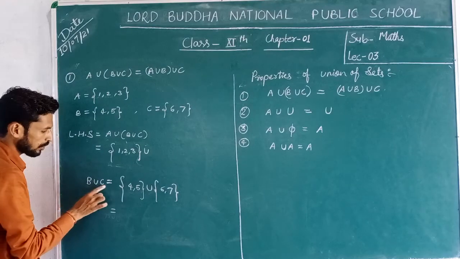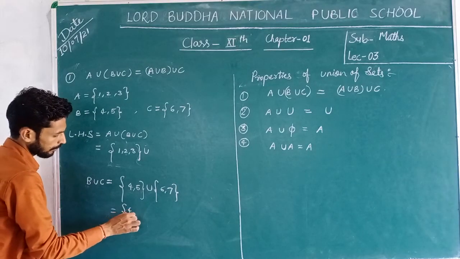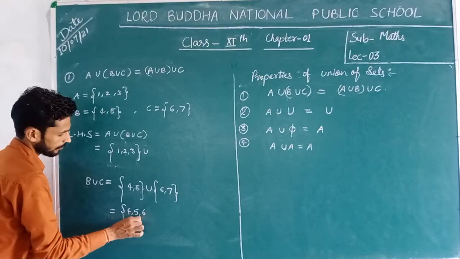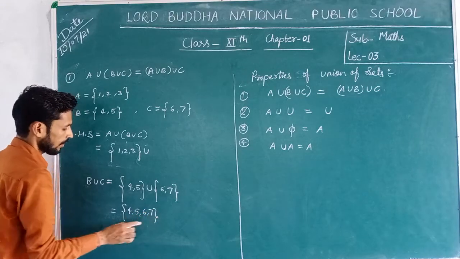So the value of B union C equals 4, 5, 6 and 7.